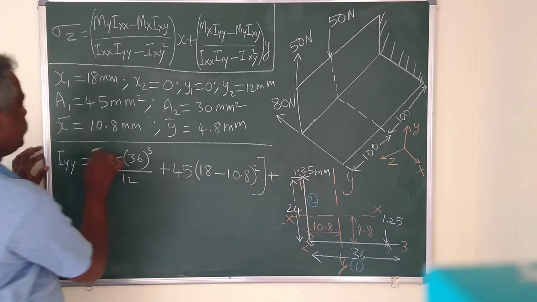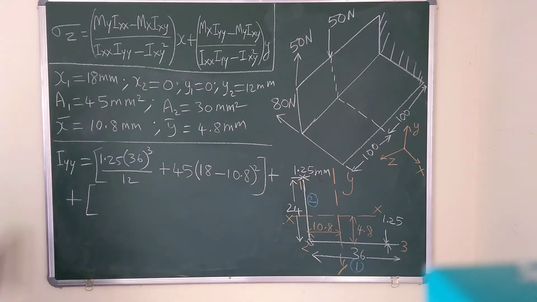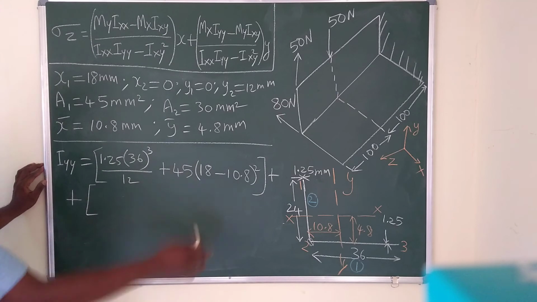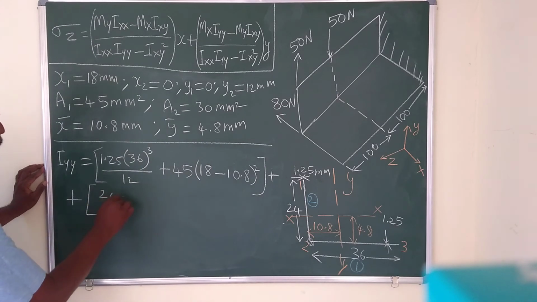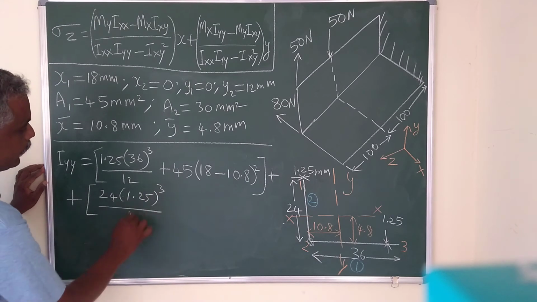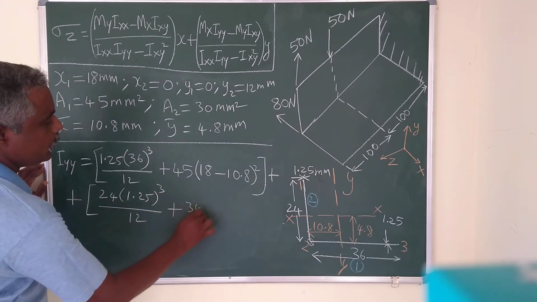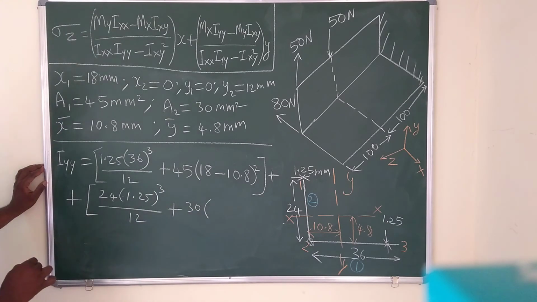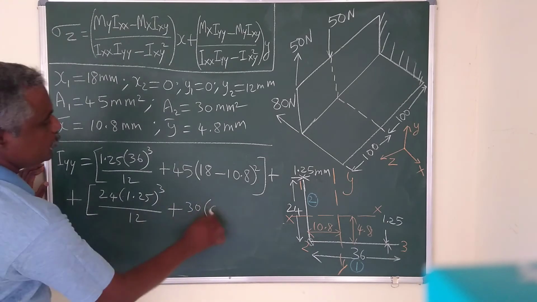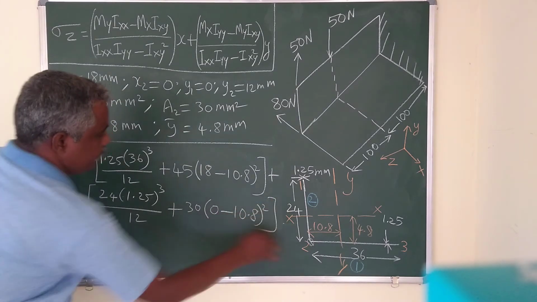So this is for the section 1, plus section 2, dB cube by 12, d is 24, b is 1.25 cube divided by 12, plus area of the section 2 is 30, x2 minus x bar the whole square, x2 is 0 minus x bar is 10.8 square.